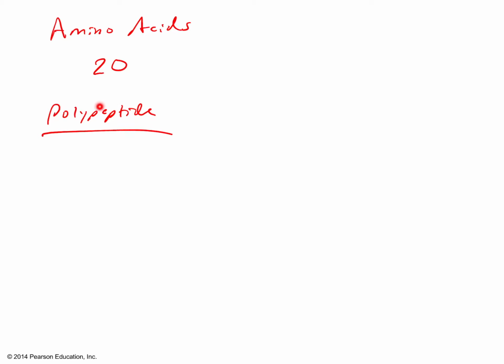And the reason why we call it peptide, in other words, polypeptide, many peptide, is because peptide is the kind of bond between the amino acids, as we'll see in a minute, okay? So polypeptides are unbranched polymers built from amino acids, this set of 20 amino acids in varying combinations.